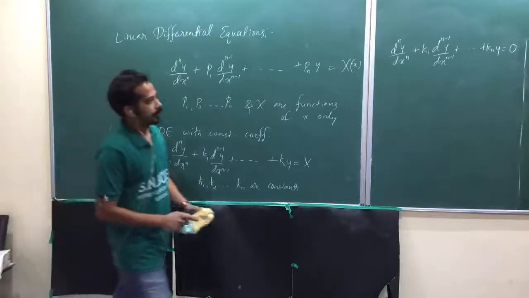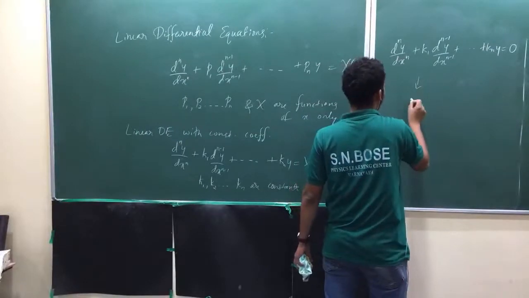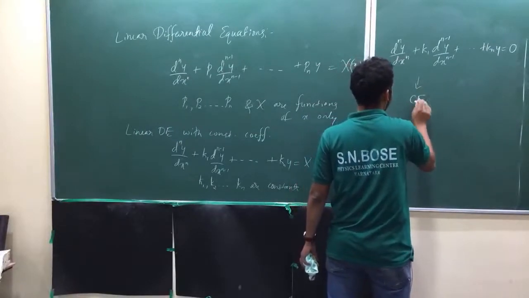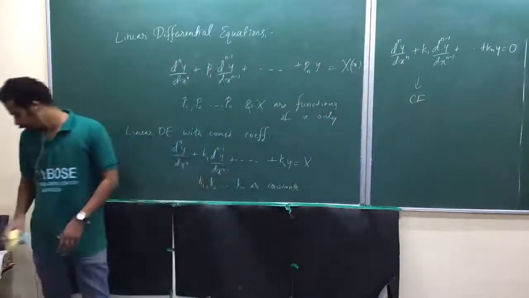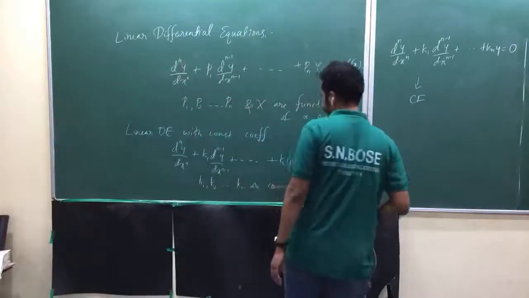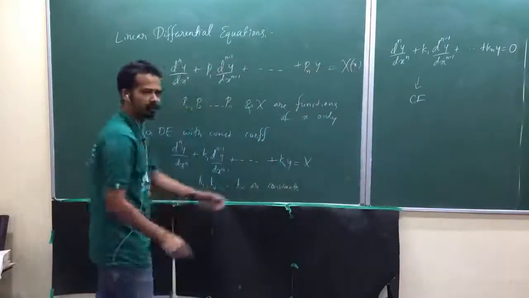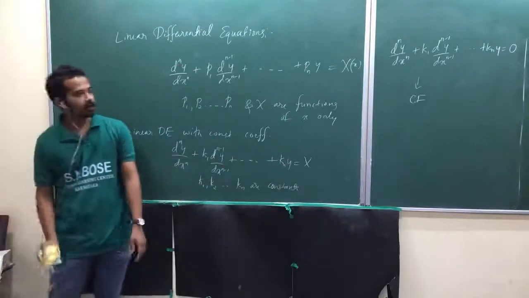So actually if you solve this one, the solution is called the complementary function. Then you have to find the particular integral by taking some inverse operator or something. Let me explain that particular integral later.